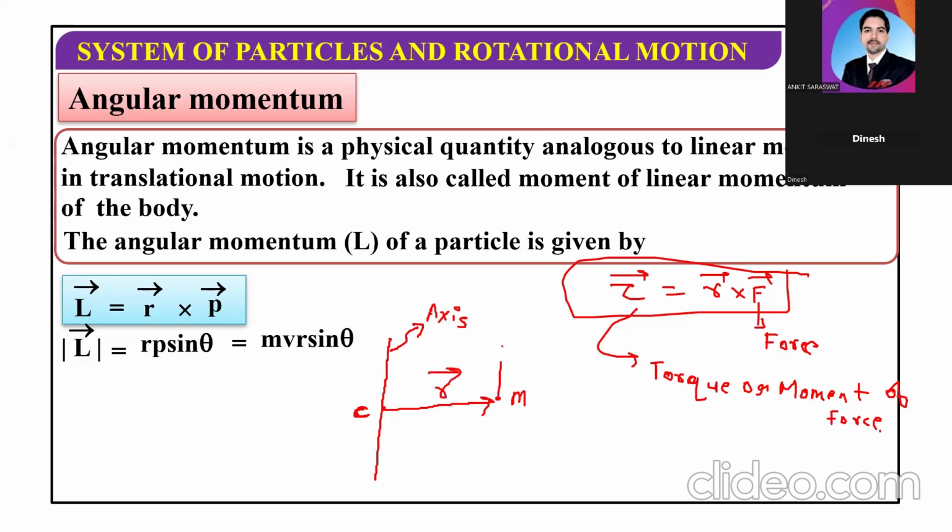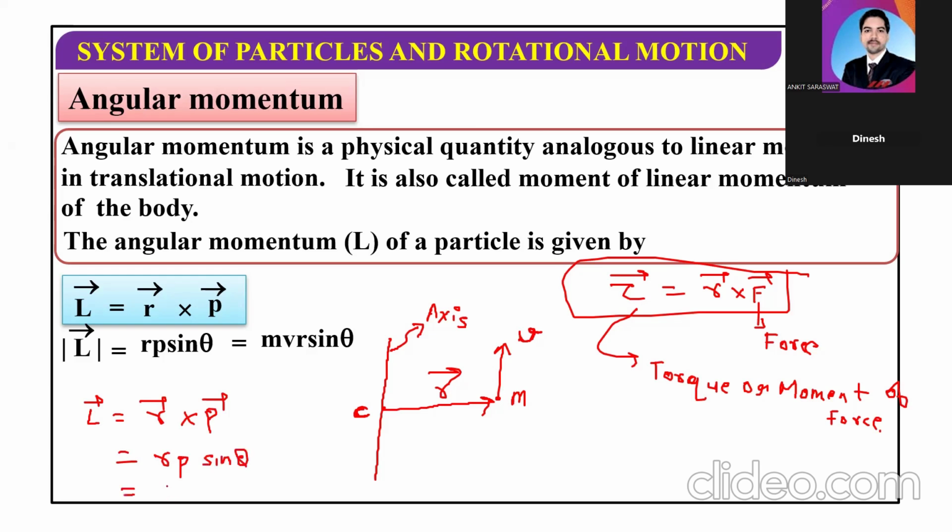You are giving a certain velocity to this particle. Its angular momentum will be r cross p. Here, rp sin theta. L will be r cross p. In vector form, you can say rp sin theta.